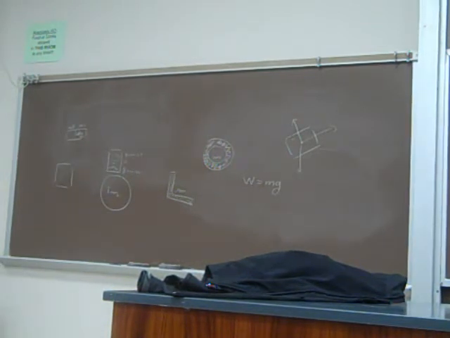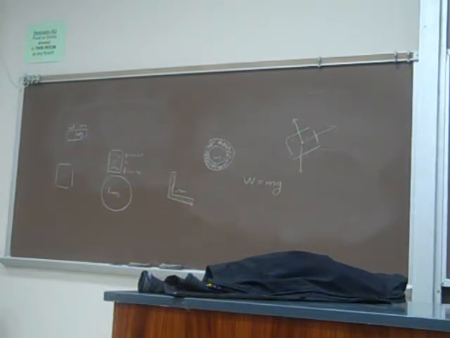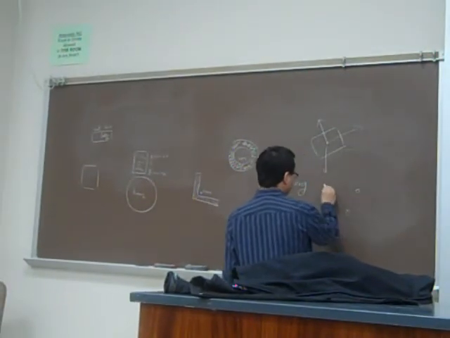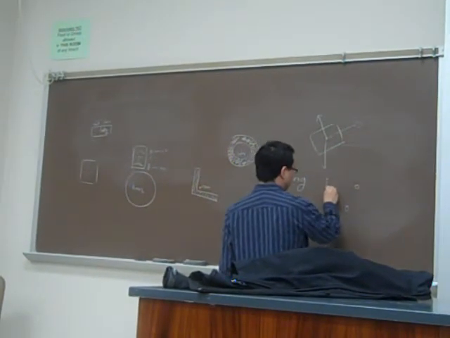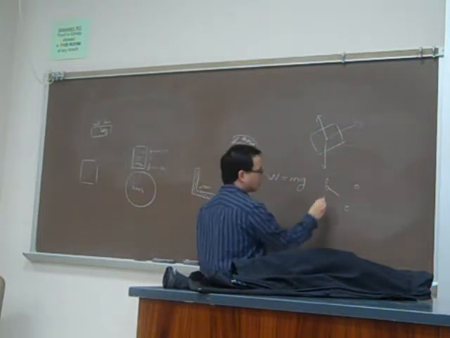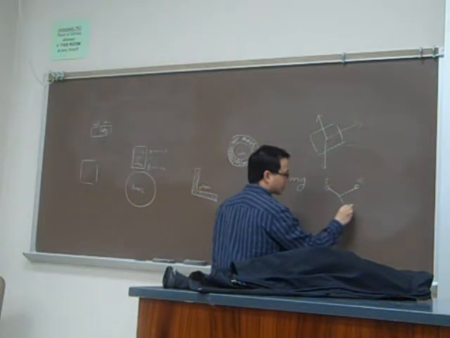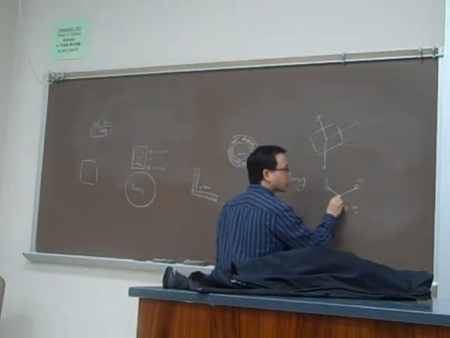The location of the center of mass is determined like this. This is in fact just the average. Let's say you have several particles: this is R1, the position vector, this is R2, this is R3, and this is the origin.